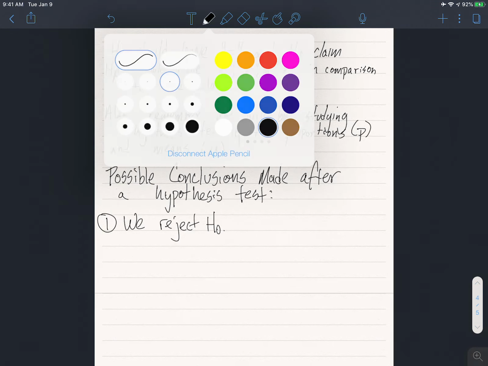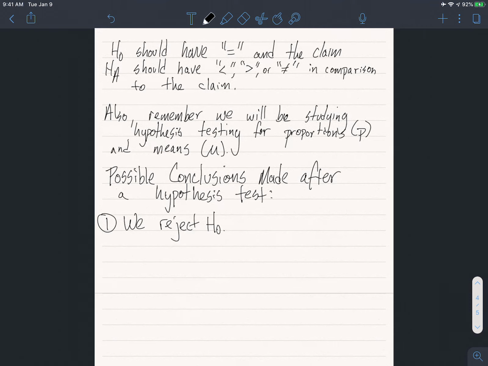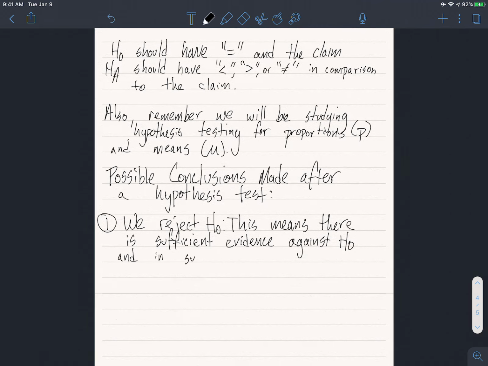I'm going to go off book. That's fine. So the first possible conclusion we can make is we reject H0. This means there is sufficient evidence against H0 and in support of HA, the alternate.